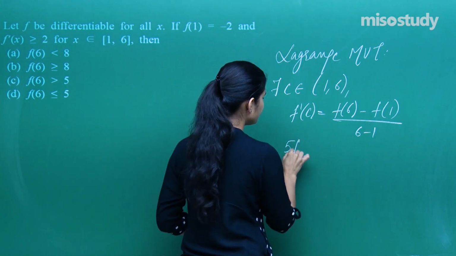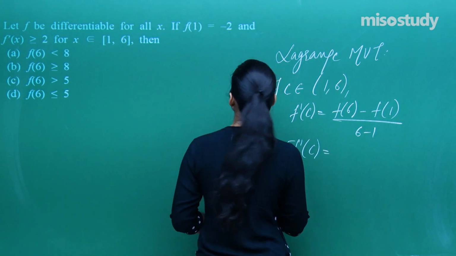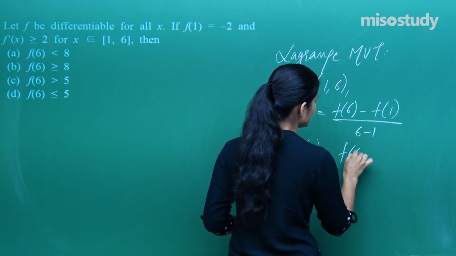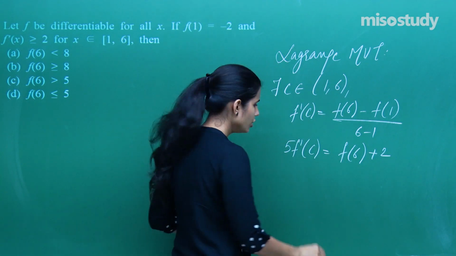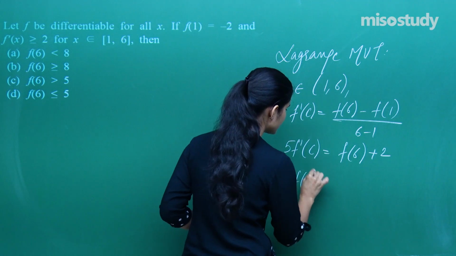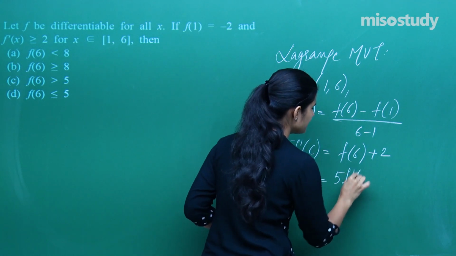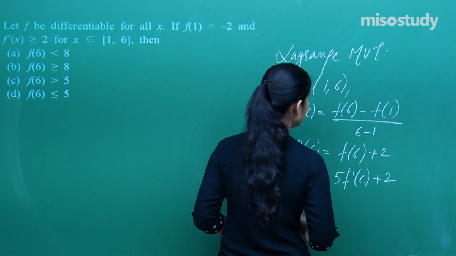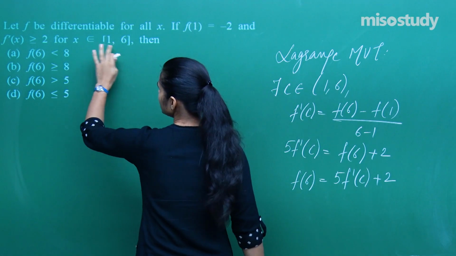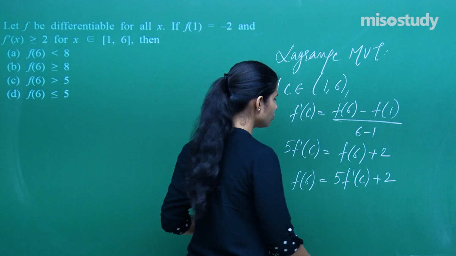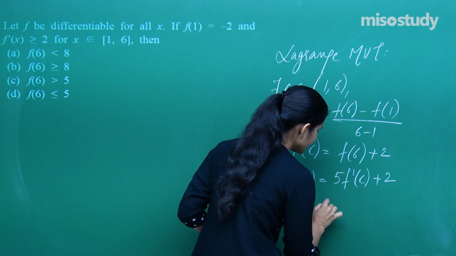This gives you 5 times f'(c) equals f(6) minus f(1). f(1) is given as minus 2, so this is plus 2. So you are getting f(6) is actually 5 times f'(c) plus 2. c is a member coming from this interval. For every member coming from this interval, f'(x) is greater than or equal to 2, so f'(c) will be greater than or equal to 2.